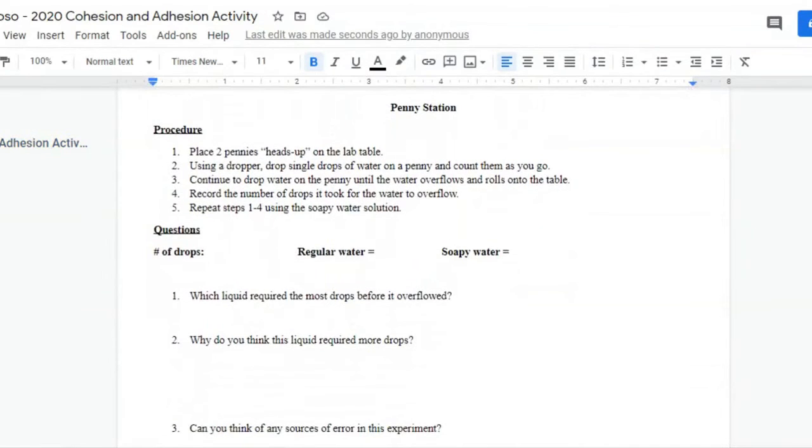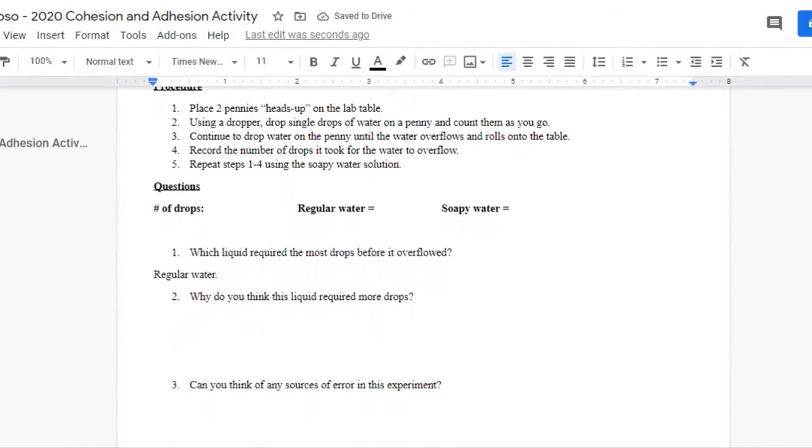All right, so which liquid required the most drops before it fell off the penny? Well, that was the regular water. It required the most drops. It was like 30-something. It varied from class to class. Why do you think this liquid required the more drops? So why did regular water hold more drops on a penny than soapy water?